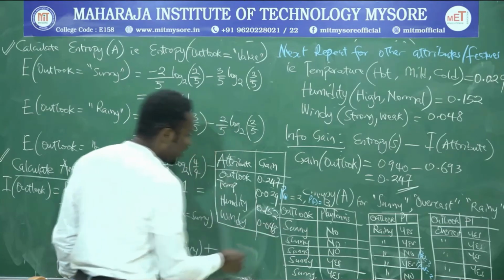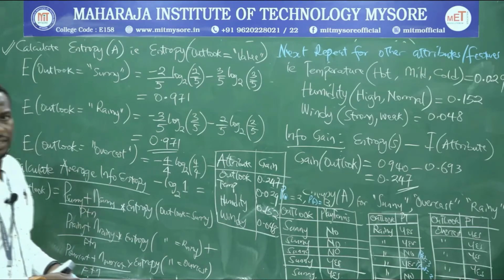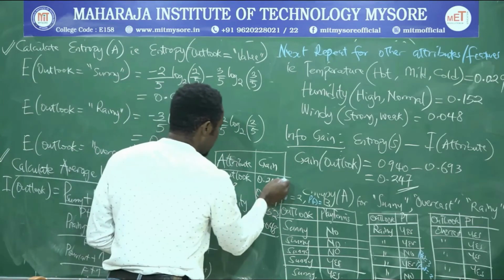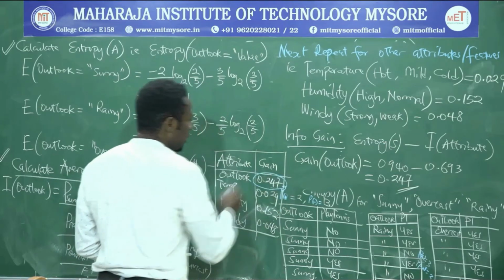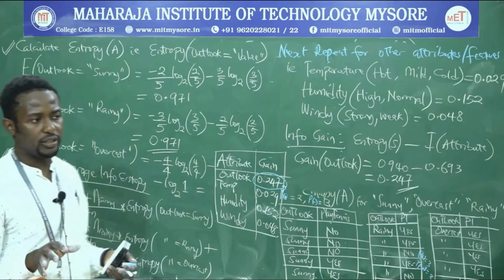Right? So, everyone knows that the one with the highest information gain becomes the root node. So, which one has the highest information gain? That is Outlook. So, I circle it now. So, with this, I'm going to leave you at the first stage of the tree. Okay?